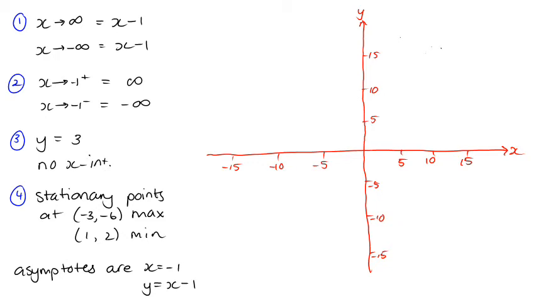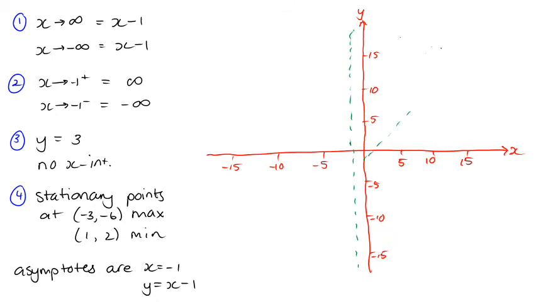Right, so our asymptotes are x equals -1. So that is a line going down here. And y equals x minus 1. So it's got a gradient of 1, but it's moved one space down.